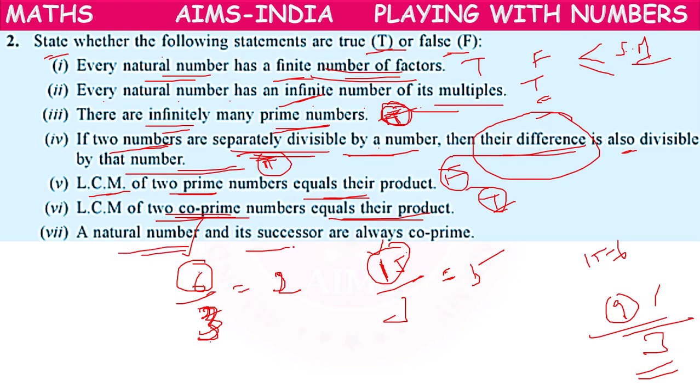A natural number and its successor are always co-prime.